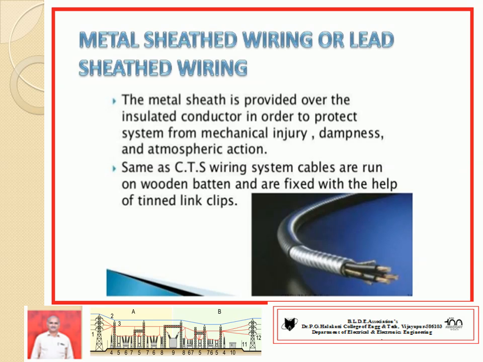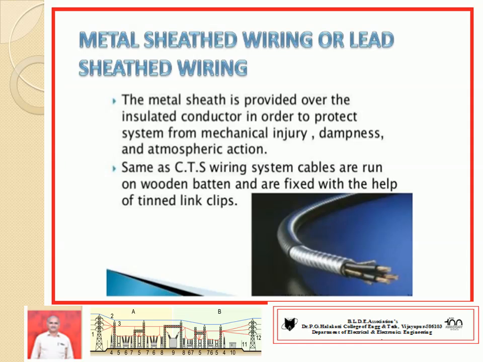Now the last type, metal sheathed wiring or lead sheathed wiring. It is similar to CTS type of wiring, where cables run on wooden gutties or buttons fixed on the surfaces of walls and ceilings where the wiring is required.